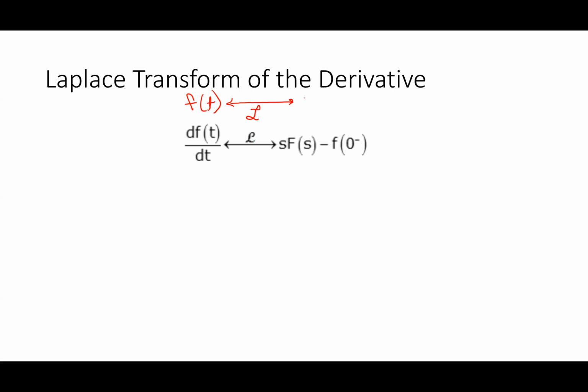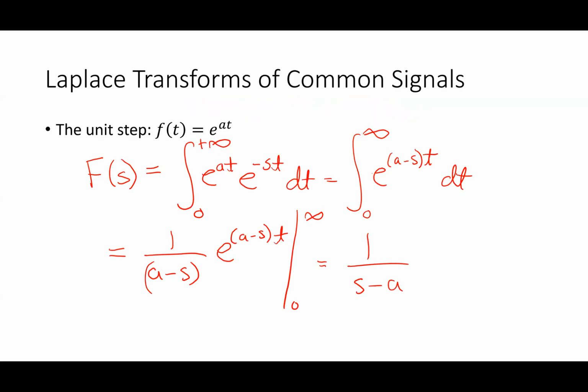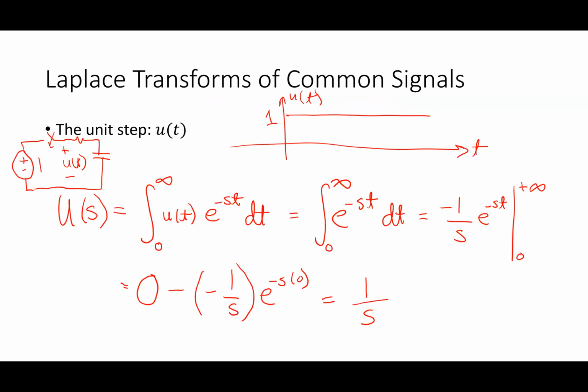F of t and F of s is how I relate the function f to its Laplace transform: the integral of f of t e to the negative st dt, 0 to infinity. I saw everybody start taking notes now because I'm doing calculus, it must be important. It's not. You're not going to remember how to do this. The result matters, but you won't remember the steps.